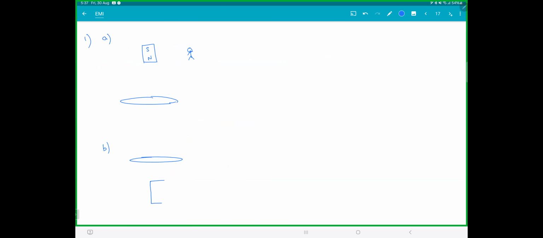Same thing if the magnet has already crossed him. So magnet is coming towards the coil. Magnet is crossing the coil. Magnet is beside the coil.